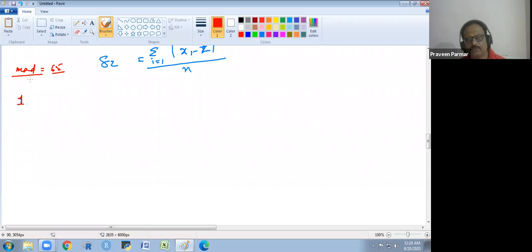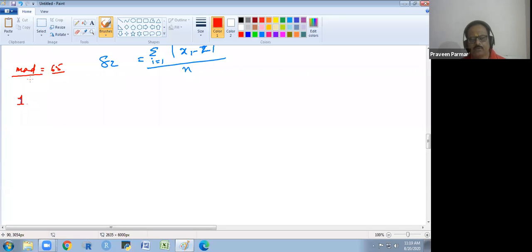If I tell you the mean absolute deviation is 65, can you judge from which central tendency I have taken this deviation? Can someone judge it? It means until I say that I have taken it from this particular central tendency, you could not guess it.